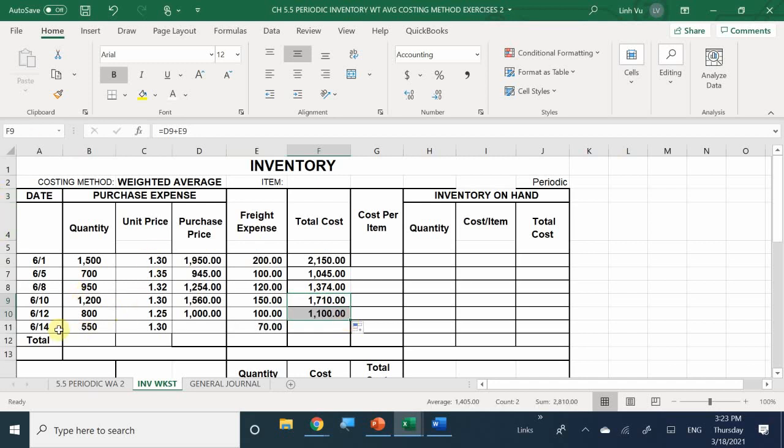Last but not least, we have another purchase on June 14th for 550 units at $1.30. What is my purchase price here? $7.15. $7.15 plus $70 worth of freight gives me a total cost of $7.85. So once again, we have all of our information filled out.